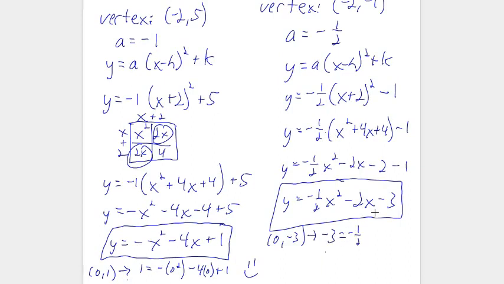I'm just going through the equation here. Negative 1/2 times 0 squared minus 2 times 0 minus 3. Now, once again, this term is 0 and this term is 0, so we have negative 3 equals negative 3. Our equation works.